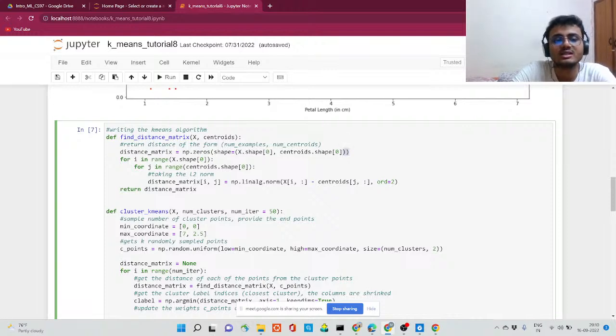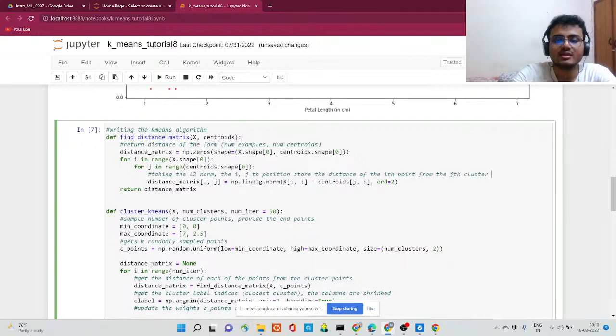This is the distance matrix that I am calculating. I'm initializing this, then for every ij, I'm calculating the L2 norm of the distance between xi and the centroid mu j. As I told you, the ijth position stores the distance of the ith point from the jth cluster.